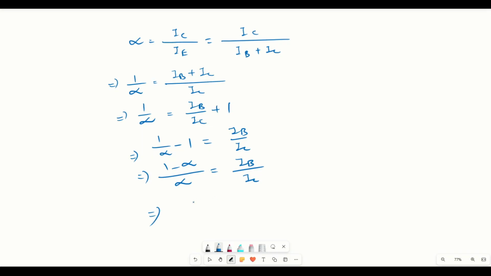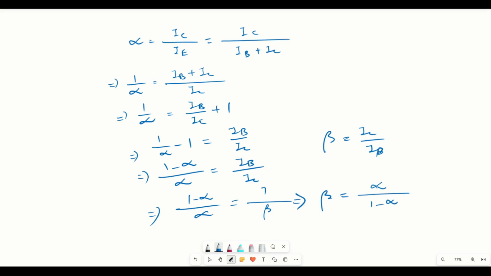Now as we know, IB by IC is nothing but 1 by beta, because beta is IC by IB. So the value of beta is given by alpha by 1 minus alpha. So this is the relation of alpha and beta, or beta in terms of alpha.